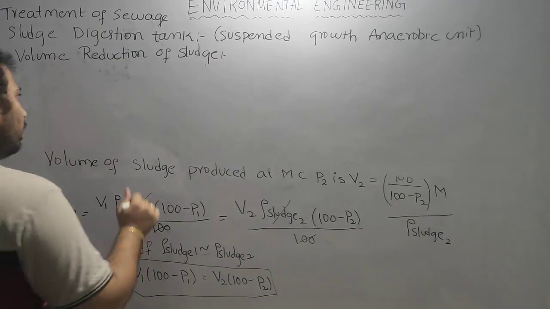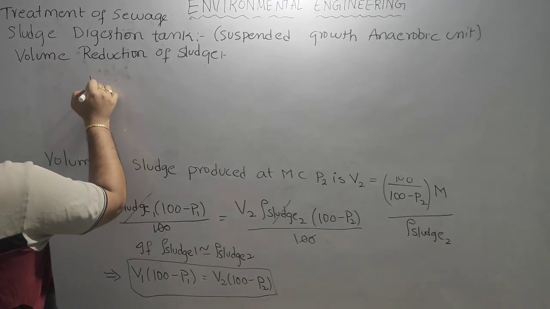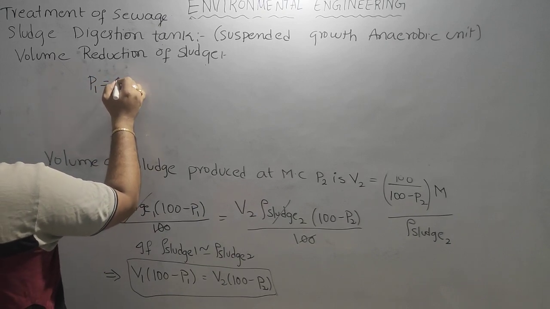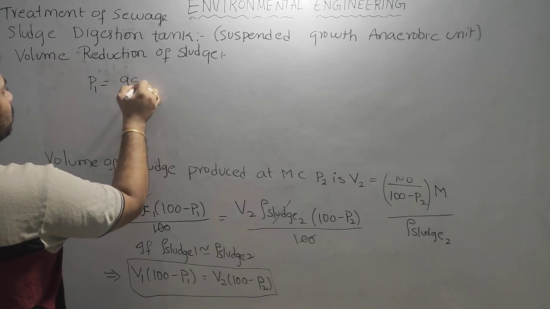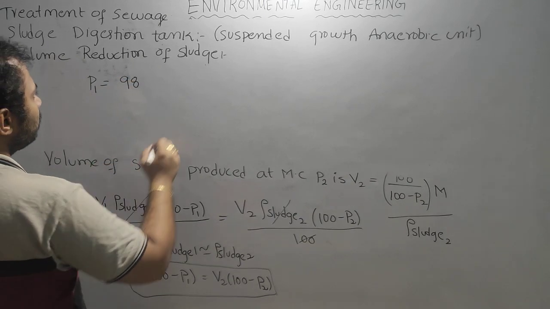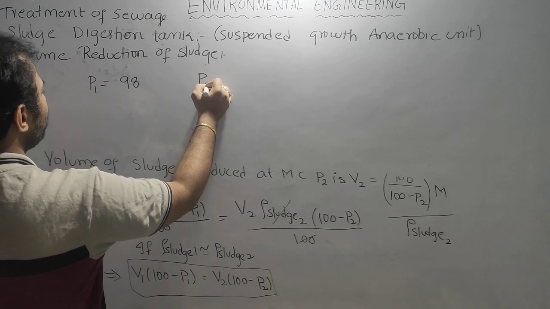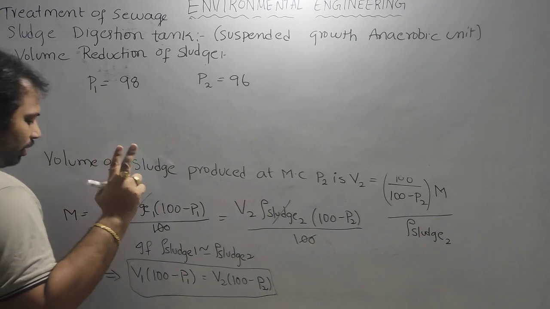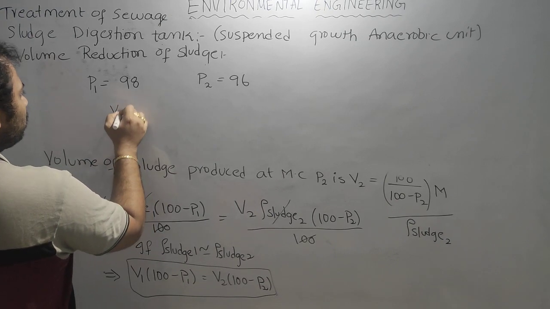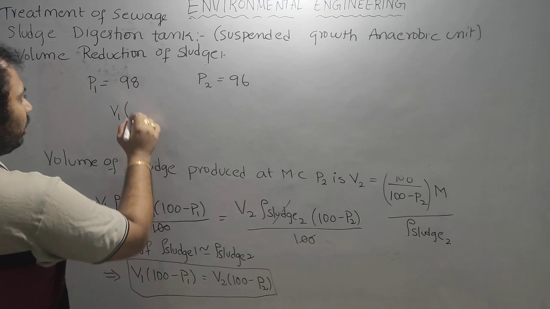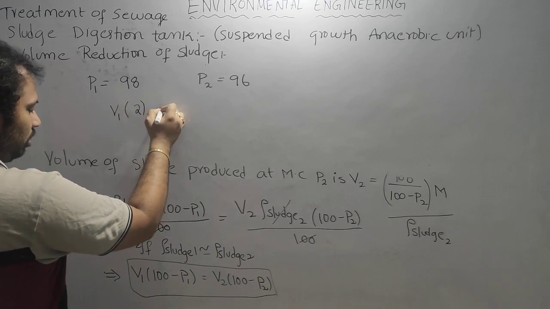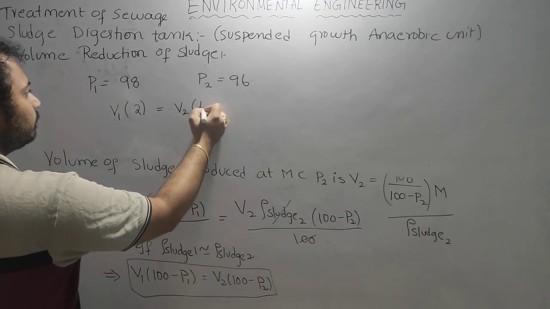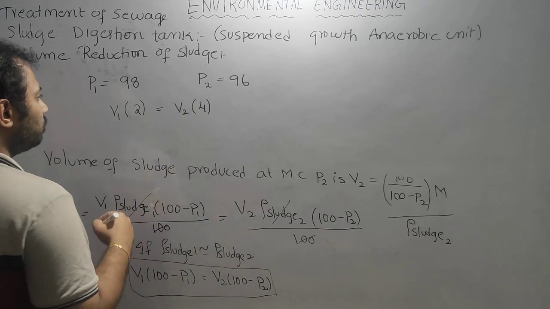Let us assume that the moisture content is 98, and I have reduced it to a moisture content of 96, so I have reduced it by 2%. So V1 into 100 minus P1, that is 2, is equal to V2 into 100 minus P2, 100 minus 96, that is 4.